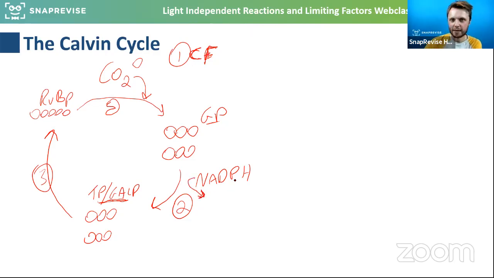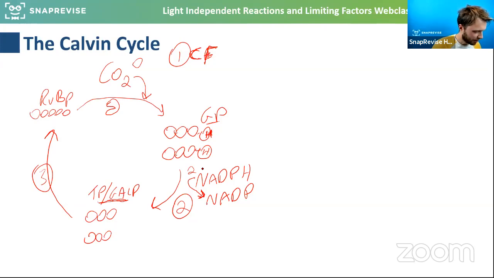It's had NADPH donate a hydrogen atom to it, so that my NADPH turns into NADP, and this guy has just gained a hydrogen. This other guy over here has also gained a hydrogen. So 2 of them have been used. Okay, everyone okay with that?